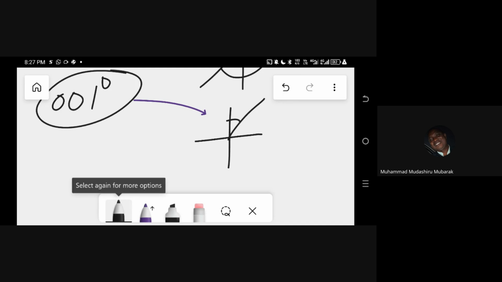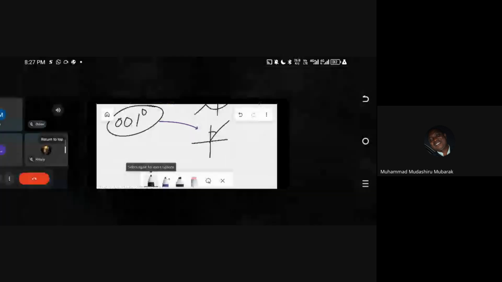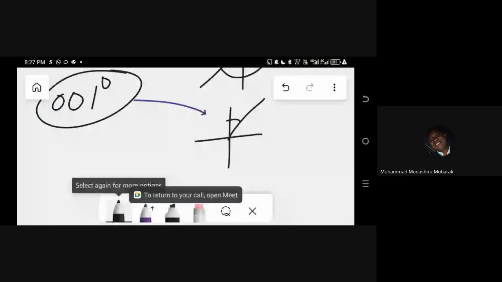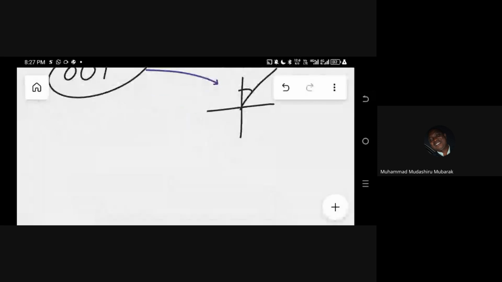Can you explain why we have to draw from the first quadrant? Because the first one contains between 0 to 90. Is that correct?